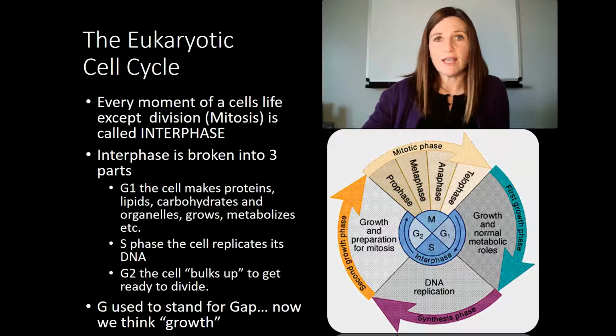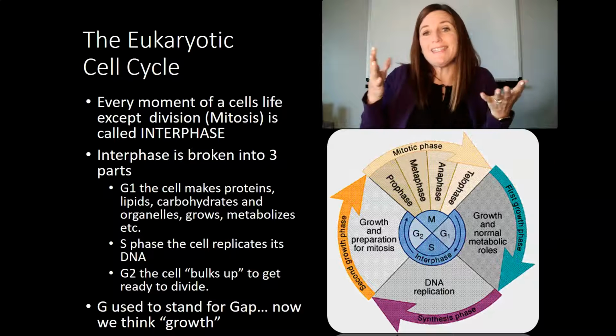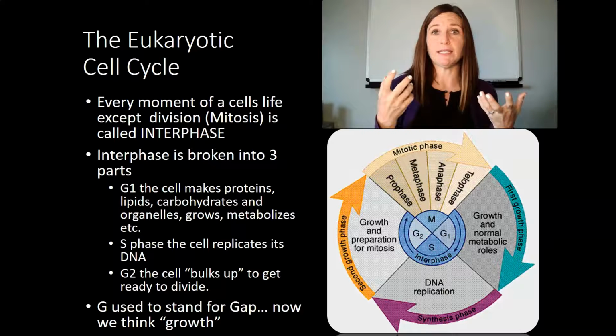So the first thing that a cell needs to do in order to get ready to divide is it needs to replicate its DNA. So the cell is going to take some time and make a copy of its DNA. Once the DNA is fully copied, then it's going to bulk up. It's going to have to get twice as big basically, because you're going to have to split it in half.